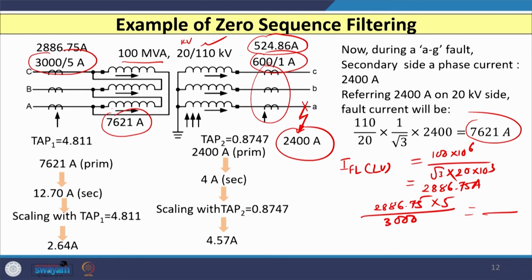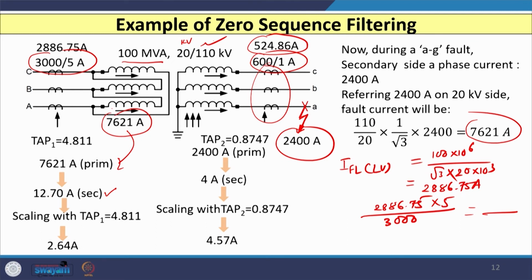Now, if I convert this current of 7621 ampere to the secondary side using the 3000 by 5 ampere CT ratio, in the secondary you will have 7621 divided by 3000 by 5, which is 12.7 ampere.